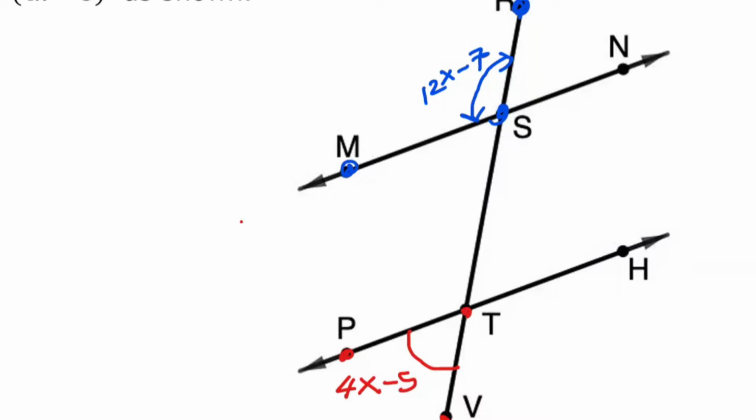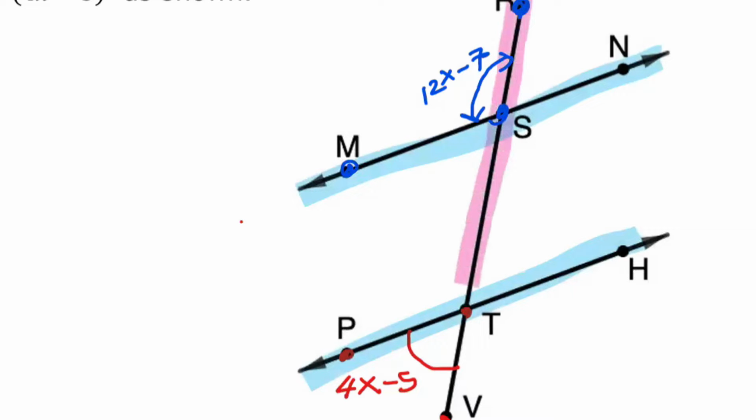Let us quickly mark off some stuff. Here are the two parallel lines. That's one. The second parallel line is here. And our transversal is this. Now, let us focus on what we were given. We got two angles that are on the same side of the transversal, to the left of the transversal.